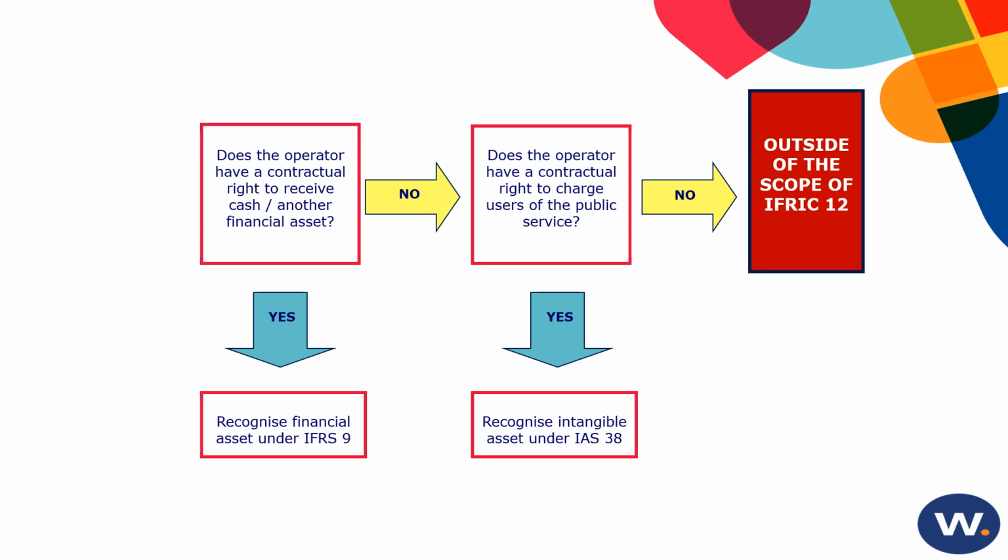If no guidance can be obtained, we are then in the scope of IAS 8, and entities will be required to draft their own accounting policies in accordance with IAS 8. If, however, the answer to the last question was yes, the entity should recognize an intangible asset under IAS 38, meaning that subsequent measurement will be in accordance with IAS 38.